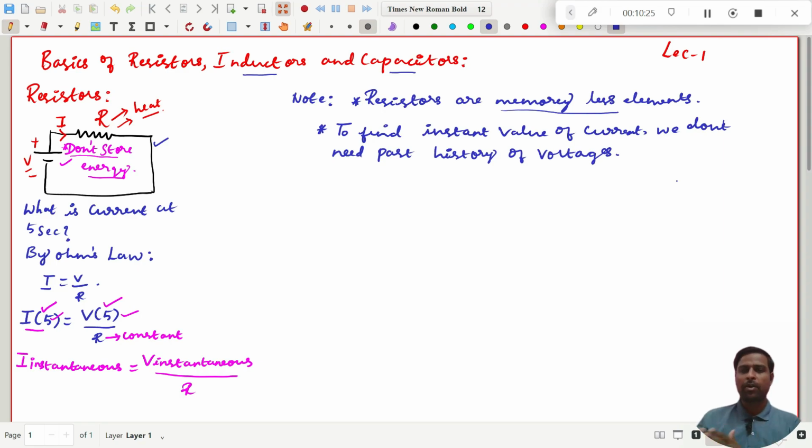So you compare one with the other so that you can get deeper knowledge about resistors, inductors and capacitors. These two, inductors and capacitors, are energy storing elements. You can't find the instant current or voltage in an inductor and capacitor with only instant voltages and currents. Not possible at all. That we will see in the next class.